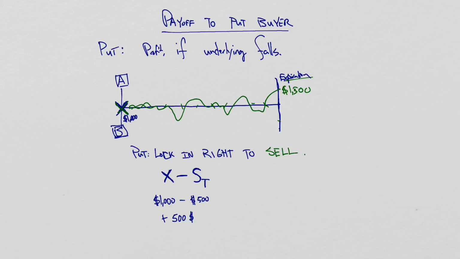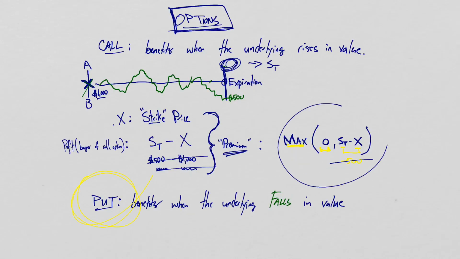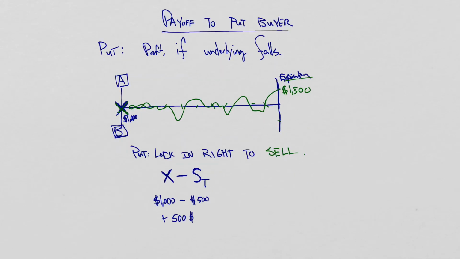And so, like the buyer of the call, the profit, the potential payoff for a buyer of a put is either zero, they can walk away, or in this case it's X minus S because they're selling instead of buying.